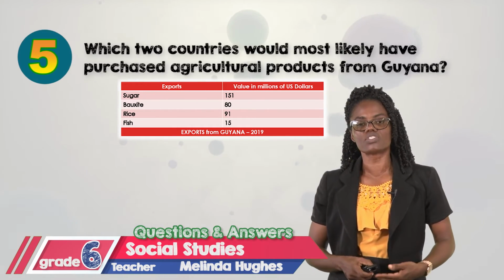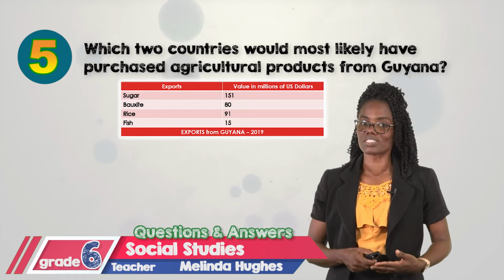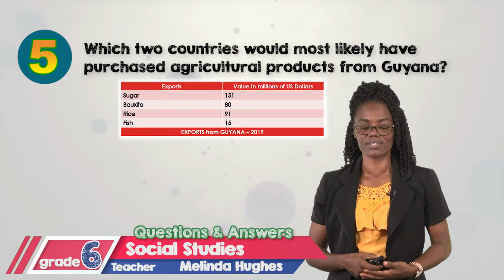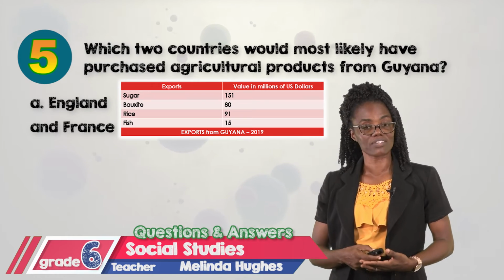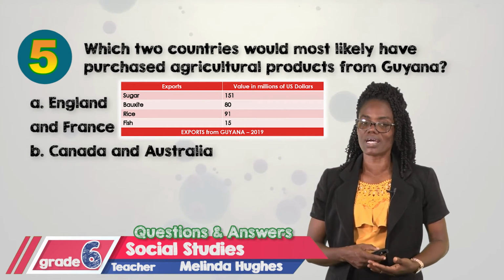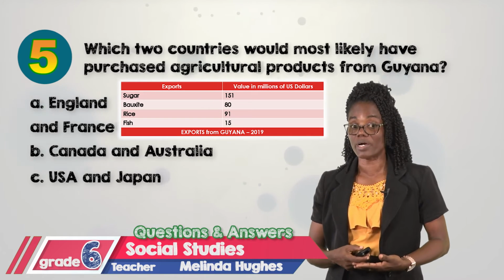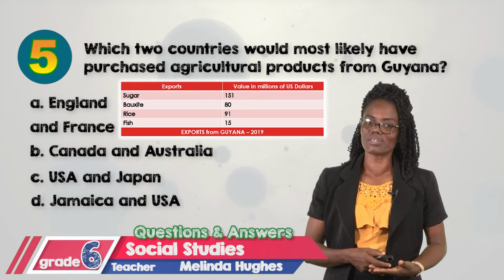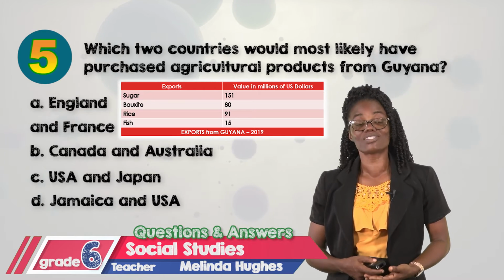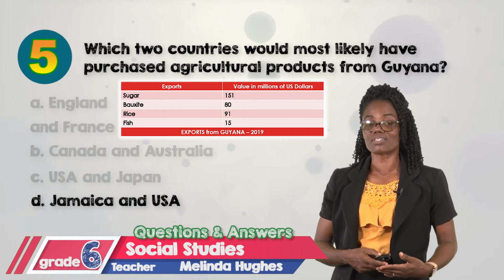Which two countries would most likely have purchased agricultural products from Guyana? A, England and France, B, Canada and Australia, C, USA and Japan, or D, Jamaica and USA. The answer is D, Jamaica and USA.